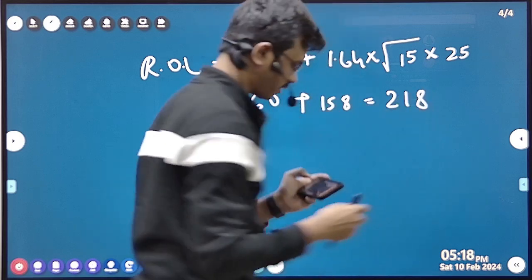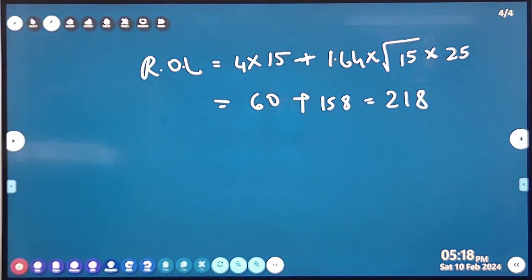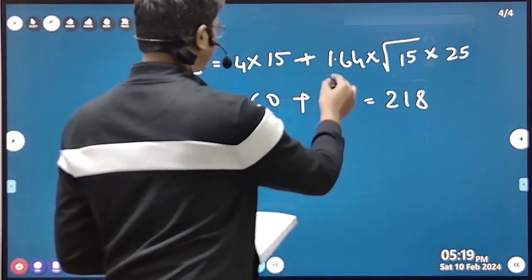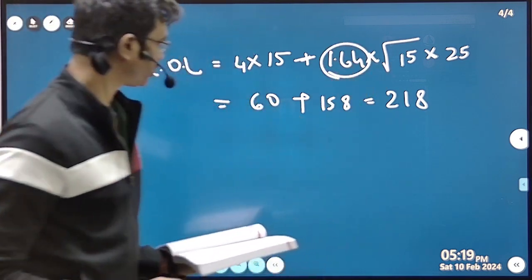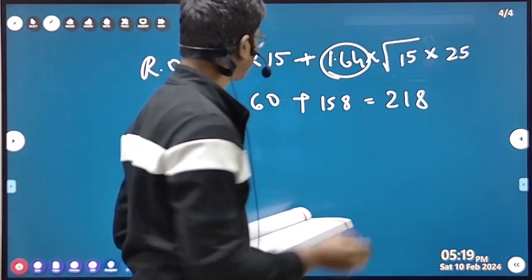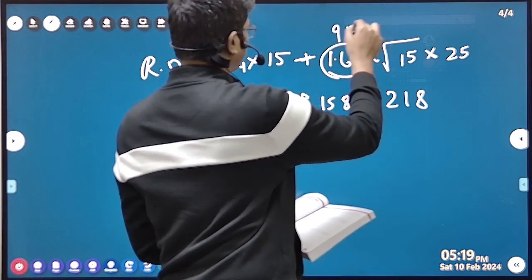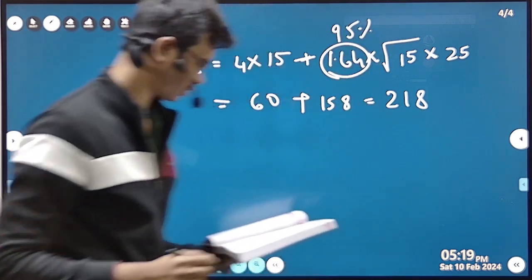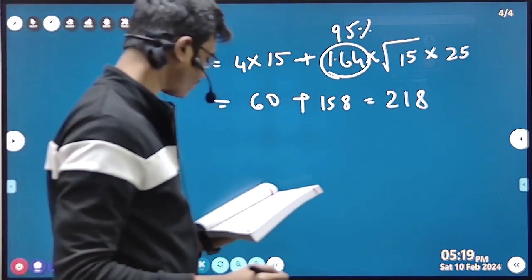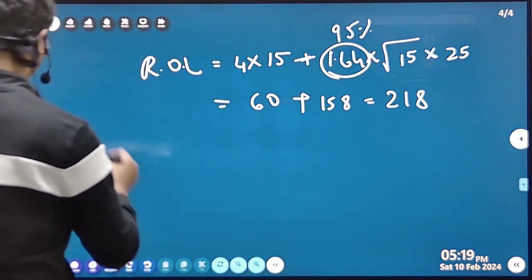Total 218.79. We can round it to 218 or 219. So don't worry about the Z; this should be provided to you in the question. But for 95%, it is 1.64. Let's look at the next problem.